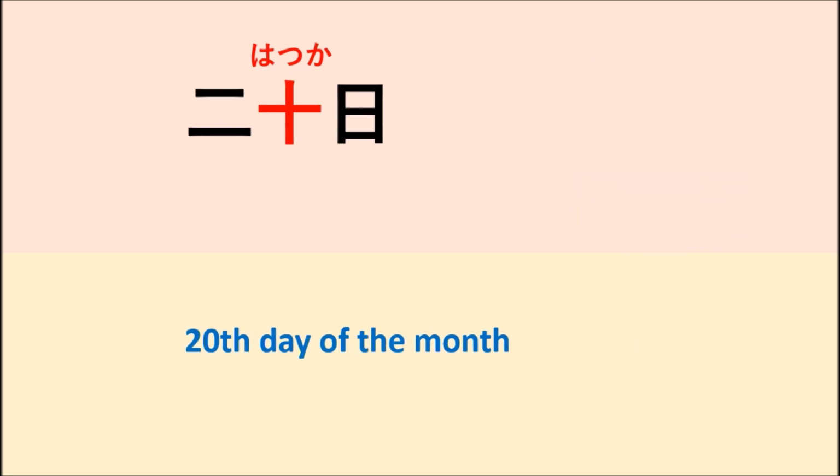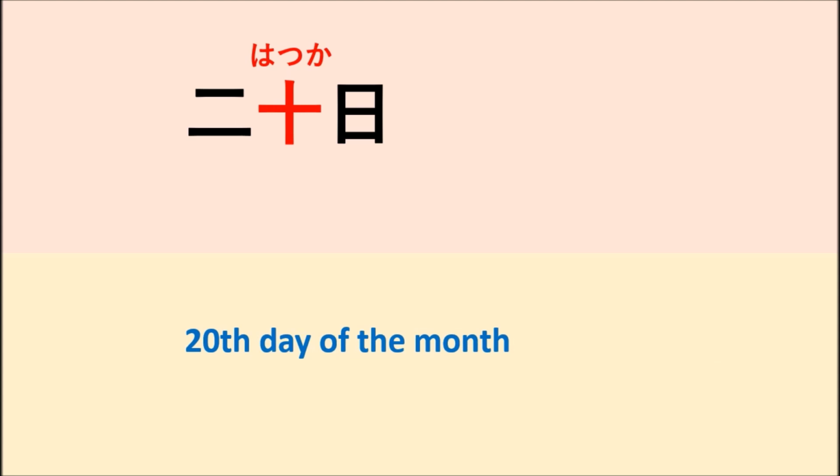Hatsuka. Hatsuka means the 20th day of the month. This is also a special reading. So you should remember it because it's a special pronunciation. In here we have the kanji of 2, ni, and the kanji of 10, and the kanji of nichi, which means day.